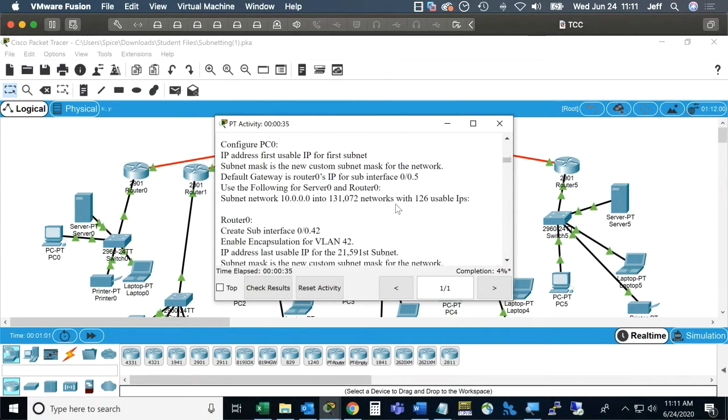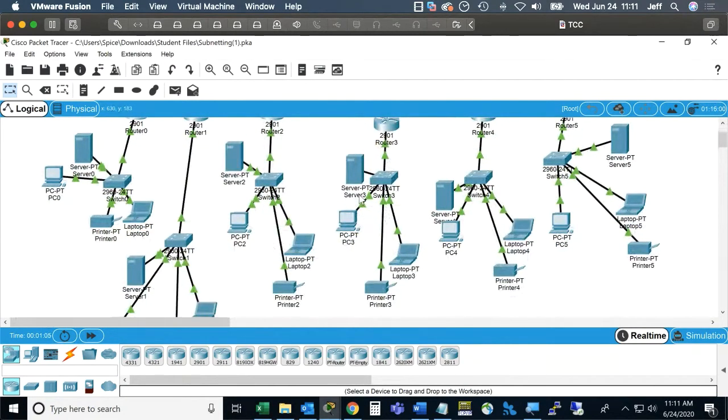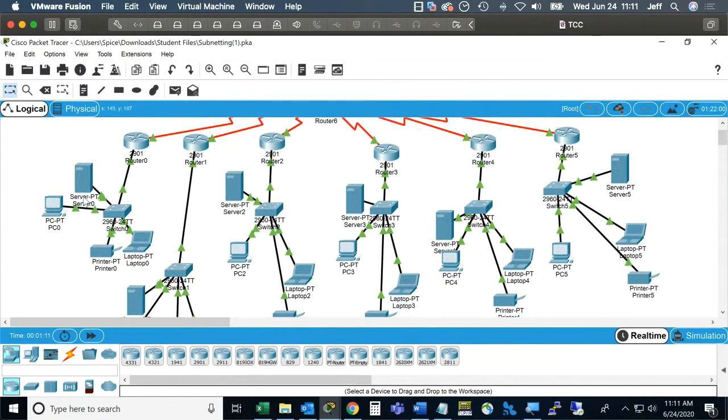It's very detailed. You're creating multiple networks here. Almost each device is going to be in its own network. So it is very challenging to say the least.